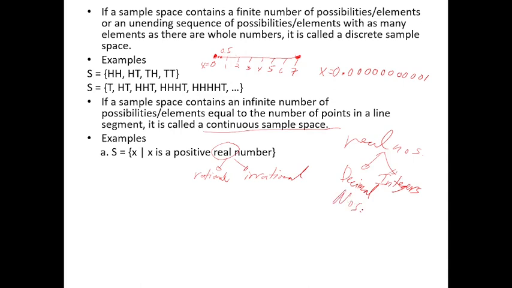Including integers and decimal numbers. Kaya meron kang rational and irrational. Alam niyo naman yung topic na to, di ba? Kailan natin masasabi na yung number ay rational? If it can be expressed as a ratio of two integers. Pag yung isang number, hindi siya ma-express as a ratio of two integers, we call it as irrational.